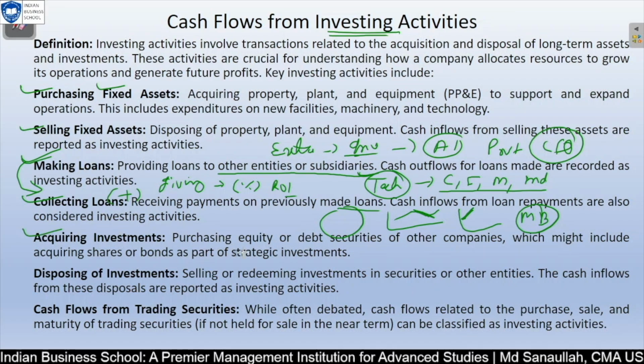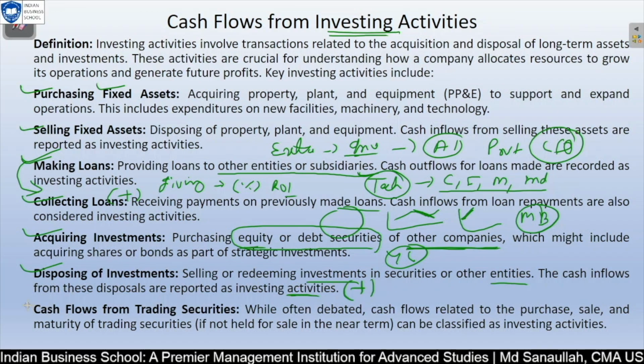Acquiring investments means purchasing equity or debt securities of another company. I keep telling you another company. If you are purchasing equity securities of your own company, that will be your financing activity. And disposing of investments, selling and redeeming investments in securities of other entities, the cash inflow from this disposal is reported as an investing activity, positive side. Cash is coming in.